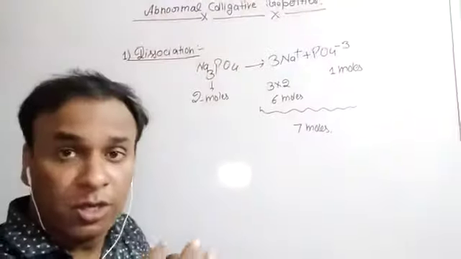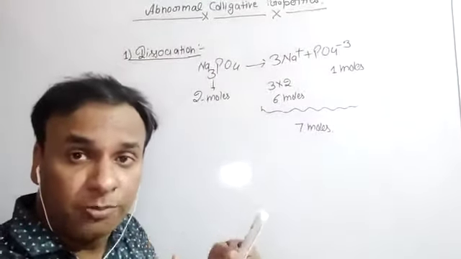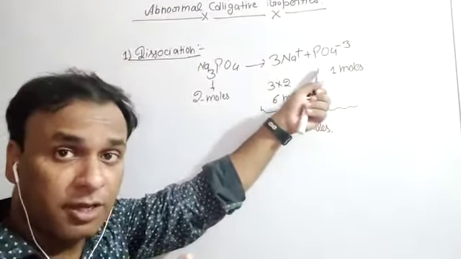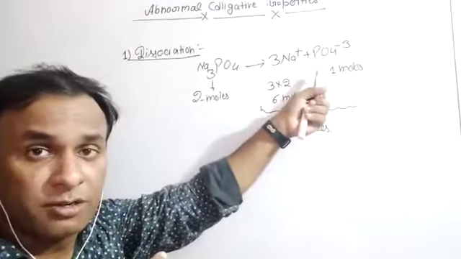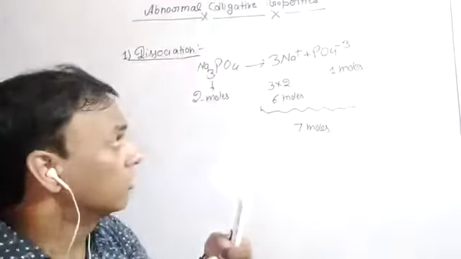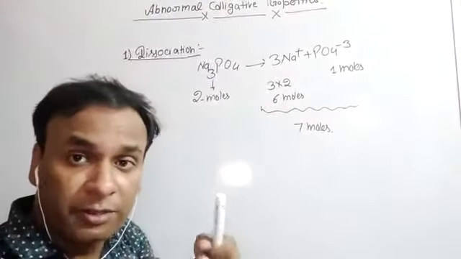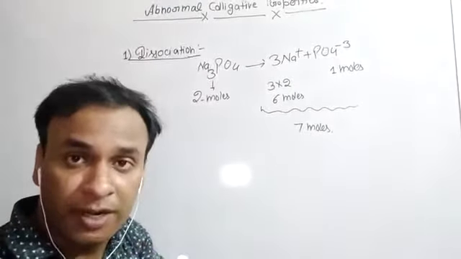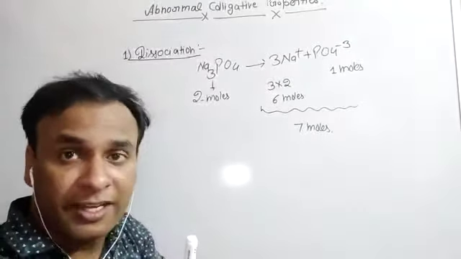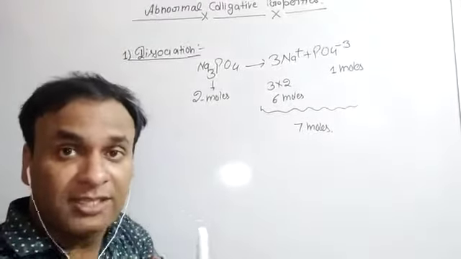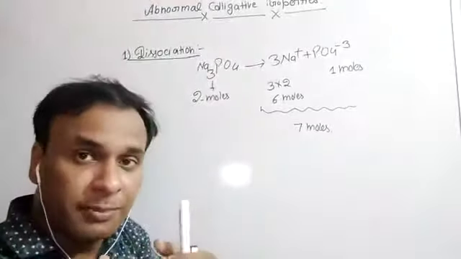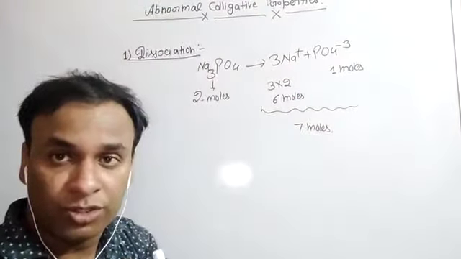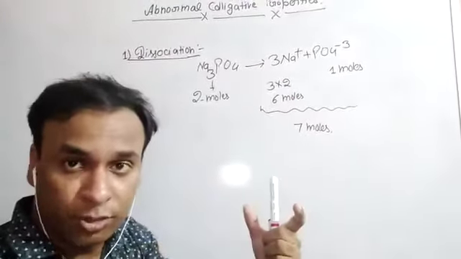Clear? Now it has been observed that the colligative property actually depends on the number of solute particles in case of a non-ionized molecule. When the molecule is ionized, it actually depends on the number of ions present in aqueous solution. It is a process of dissociation.